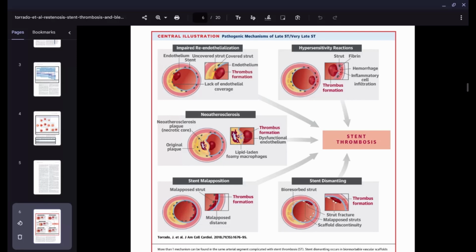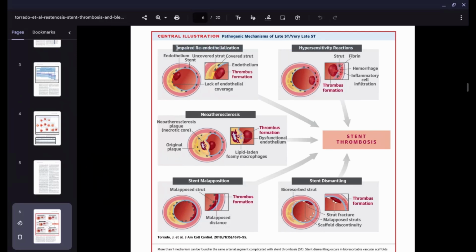So in that sense, any trajectory after you put in a stent leads to stent thrombosis. Now the question is how fast, and in which typical way is it going to lead to stent thrombosis?